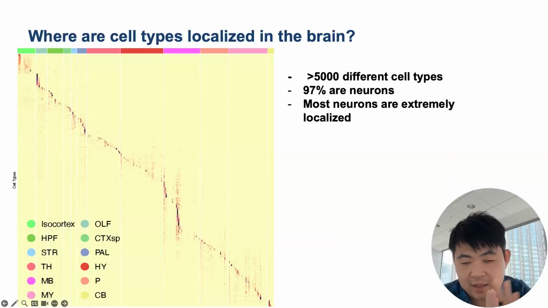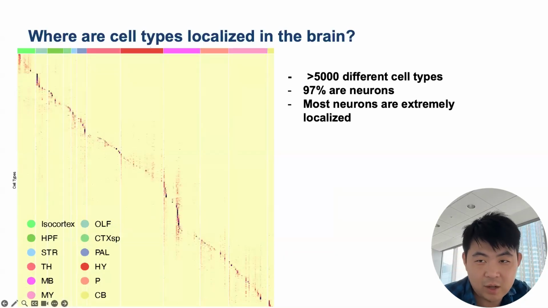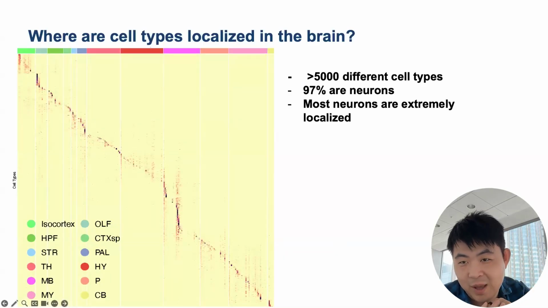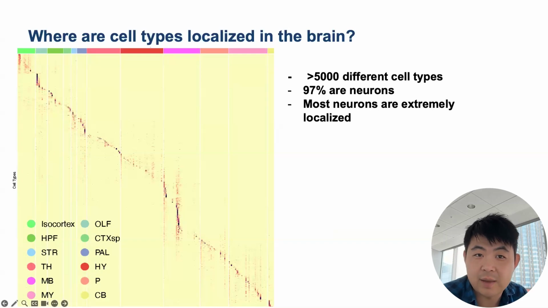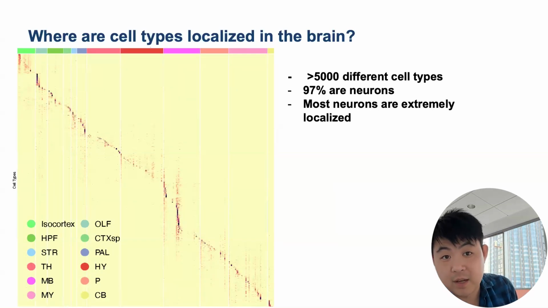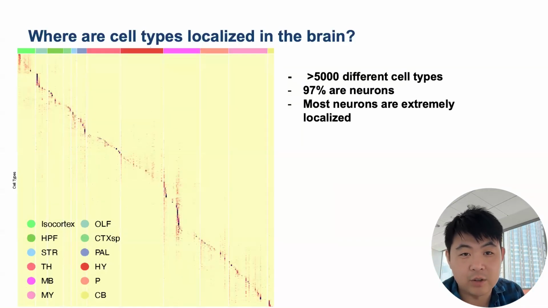There's a lot of data in the paper, but maybe just a couple of key highlights and takeaways. If you look at these 6 million cells, there's about 5,000 different cell types, the majority of which are neurons. 50% of the cells are glia, but most of the diversity is in neurons.